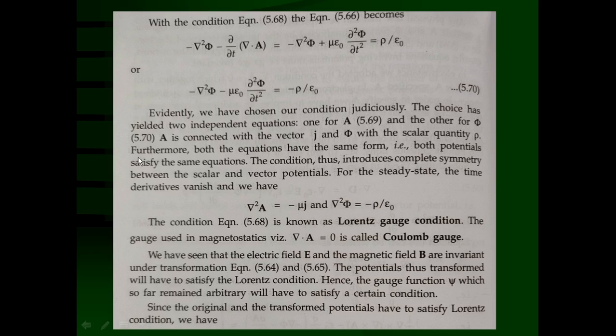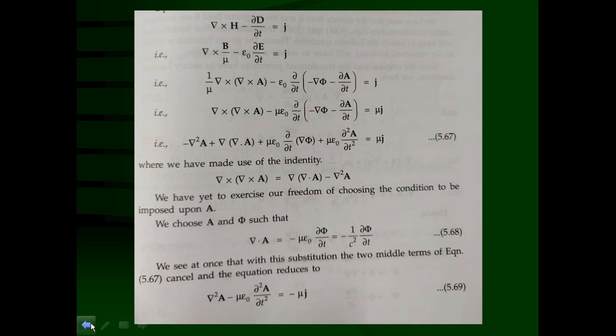And in the previous equation, del square A minus mu epsilon 0 del square A upon del t square is equal to minus mu J. Here also, for the vector potential, which is a vector quantity, we are operating the Laplacian operator del square over vector A. That means we are taking a second order differentiation with respect to space coordinates over a vector quantity, the vector potential, and we are differentiating with respect to time, del square A upon del t square.